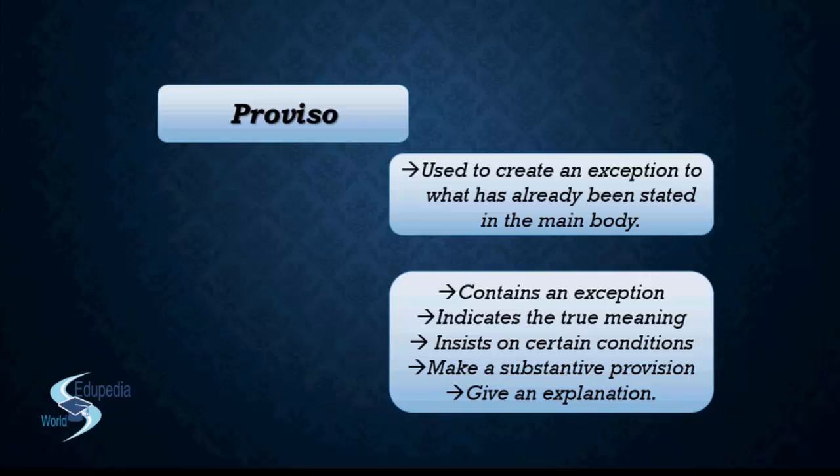Now third is, it insists on certain condition. That means in general when you're reading the provision, it would take you in some other direction, but the legislature does not want you to go in that direction.